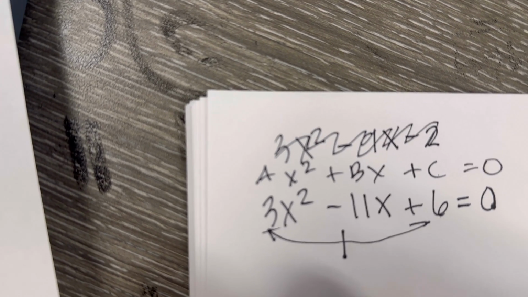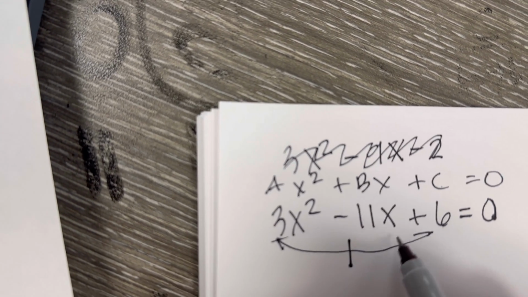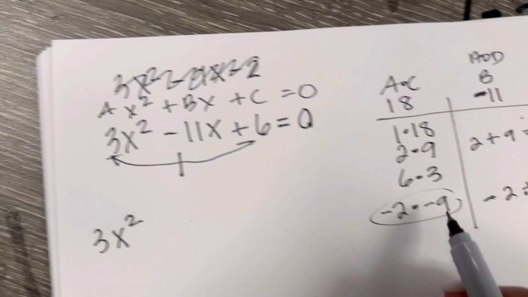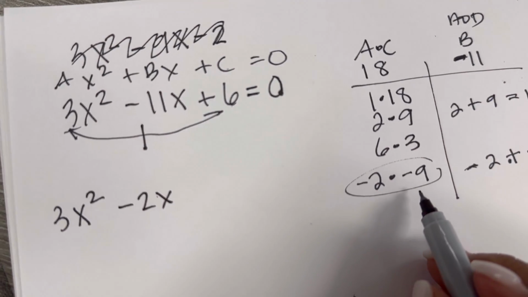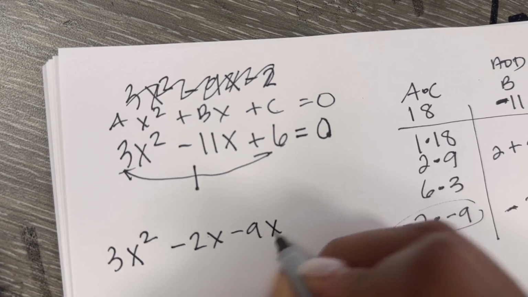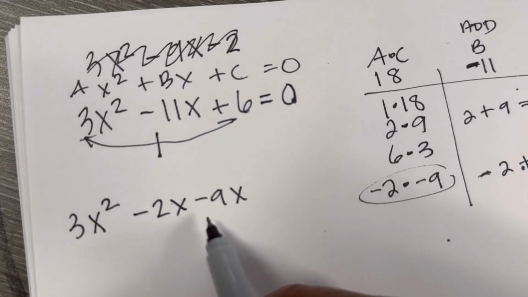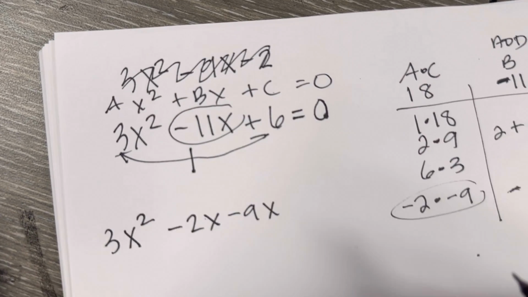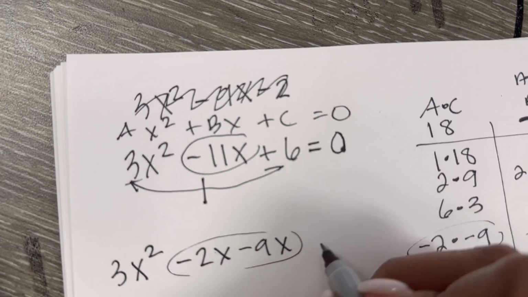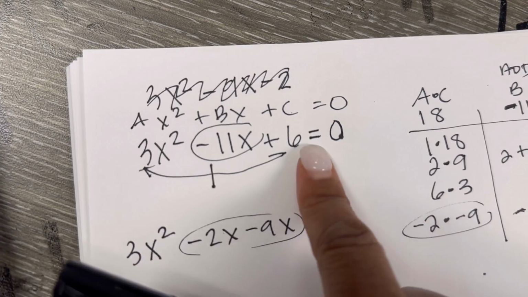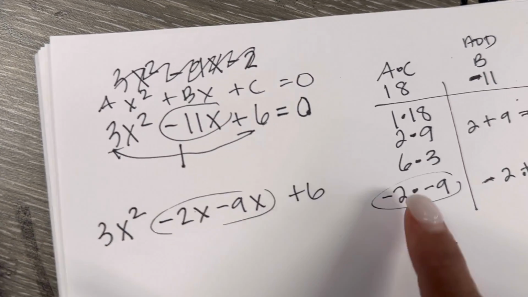So you rewrite your middle term with your magic numbers. So negative 2x minus 9x, so rewrite this with this, right? Plus 6. So you rewrite your middle term with your magic numbers.